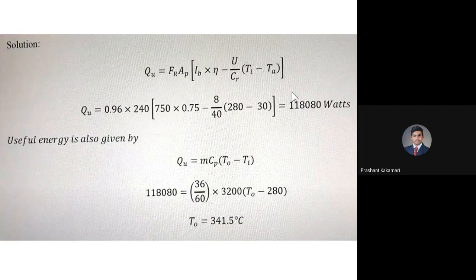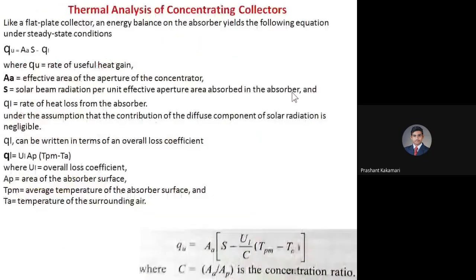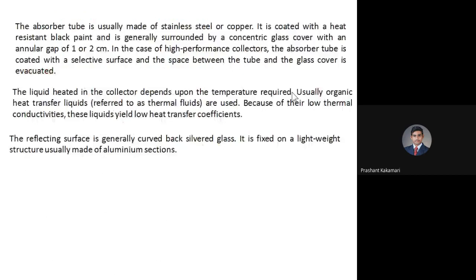Okay. Now you know the useful heat gain using the FR value. Or I can recall the equation from yesterday's discussion. Useful heat gain is the area of the absorber plate into the bracket of S, the total incident solar radiation, minus the loss coefficient divided by the concentration ratio, and the difference of temperature. They have taken T mean, but for the FR value to be considered, I have to take the inlet temperature, so T inlet minus TA.